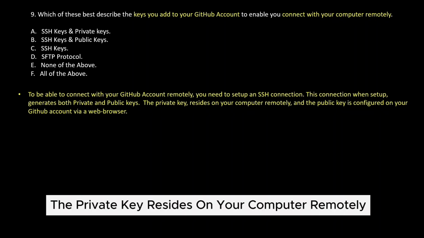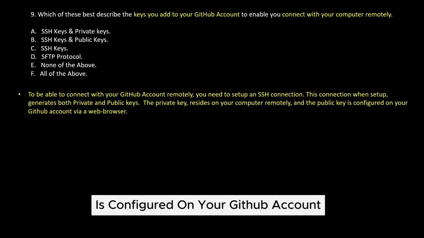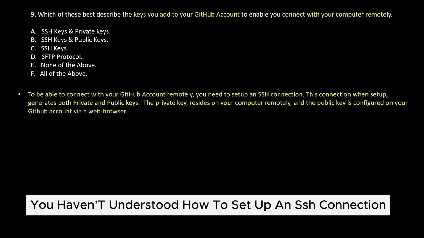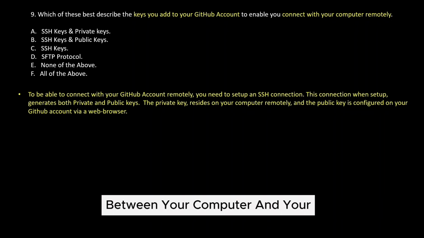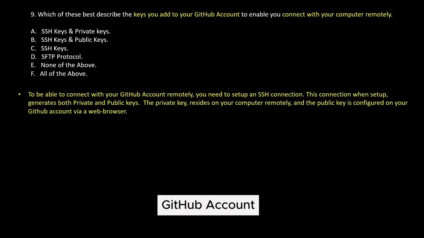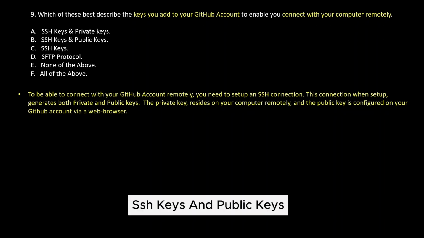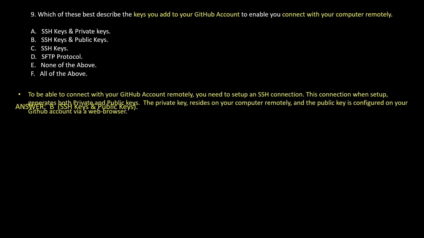The private key resides on your computer remotely, and the public key is configured on your GitHub account via a web browser. So having understood how to set up an SSH connection between your computer and your GitHub account, the correct answer to this question is option B, SSH keys and public keys.